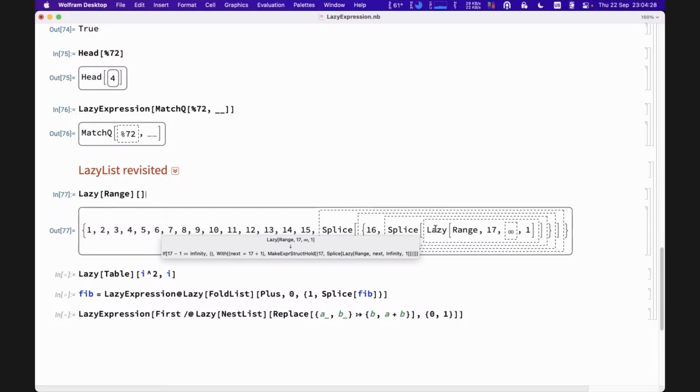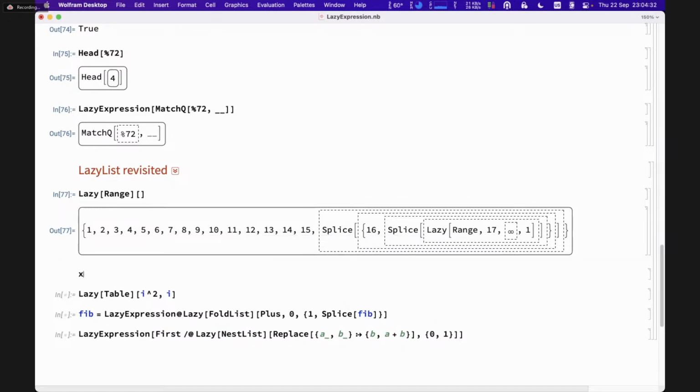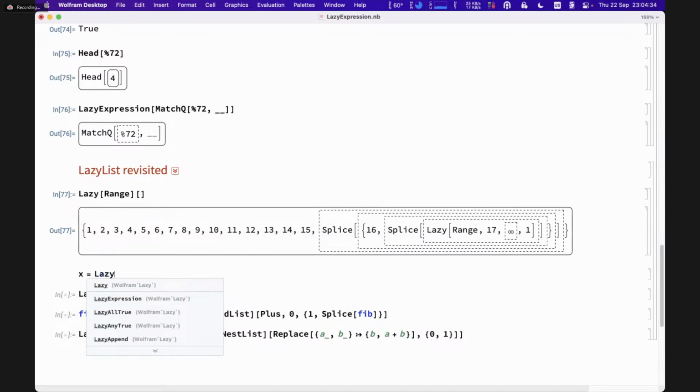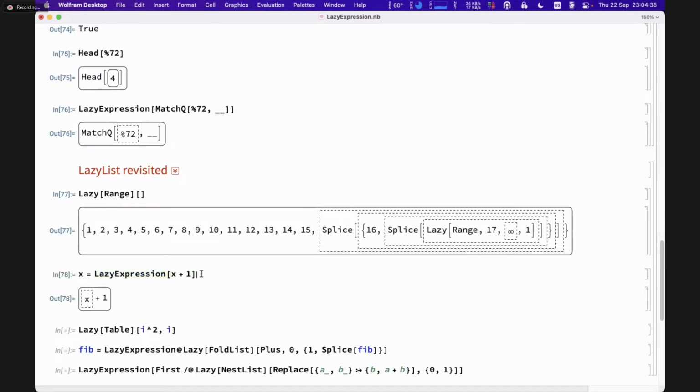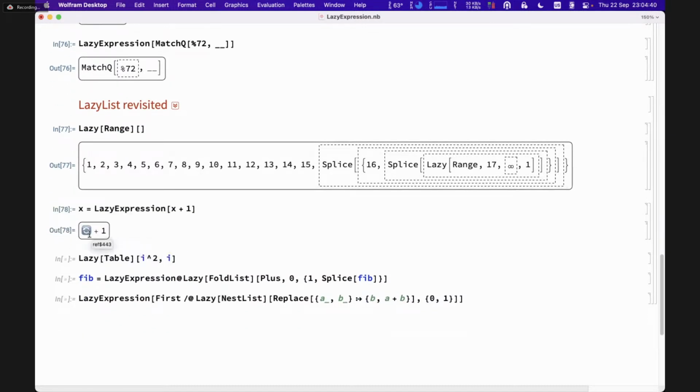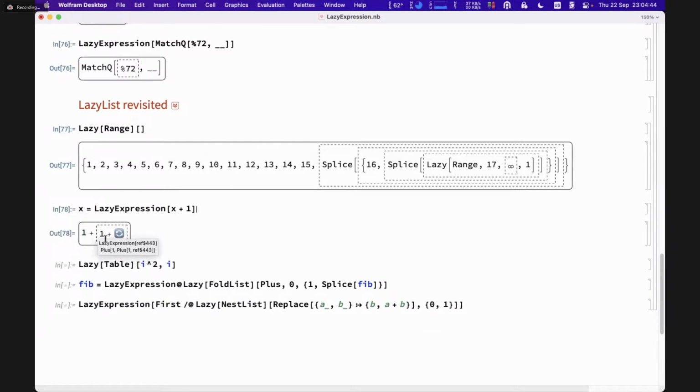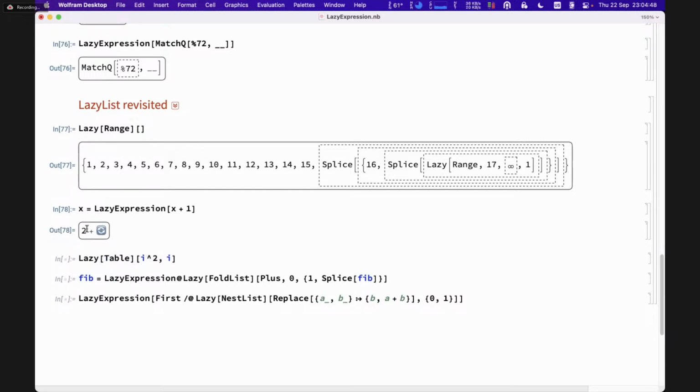Could we see x equals x plus 1, or does that not make any sense? No, we can totally do this. There are different buttons I'm clicking. There's one for evaluation and one to evaluate references.